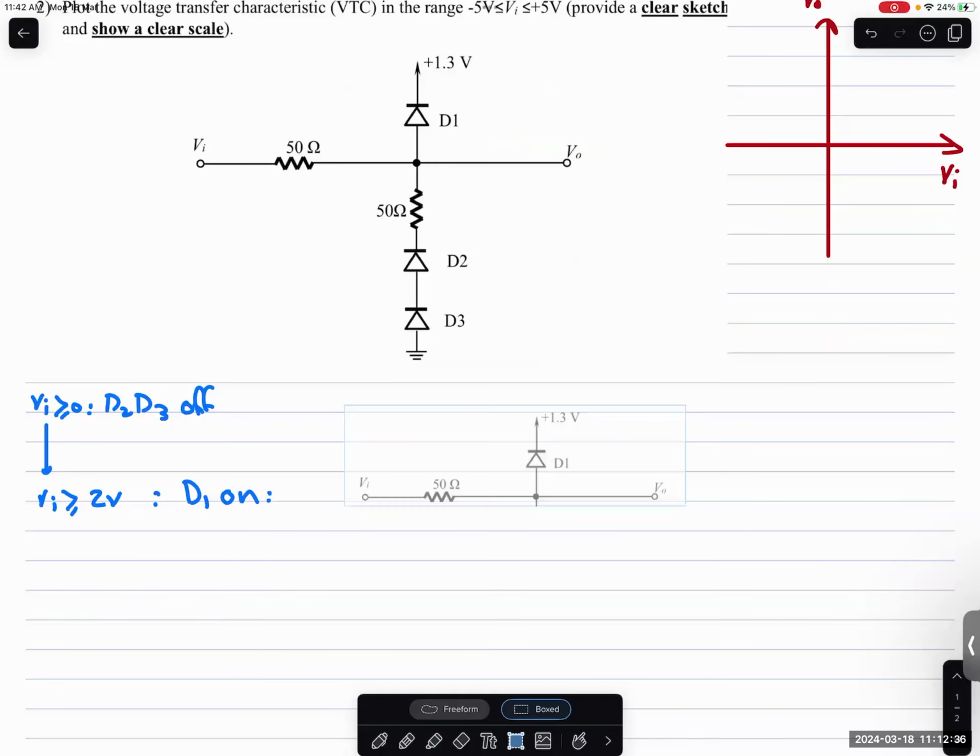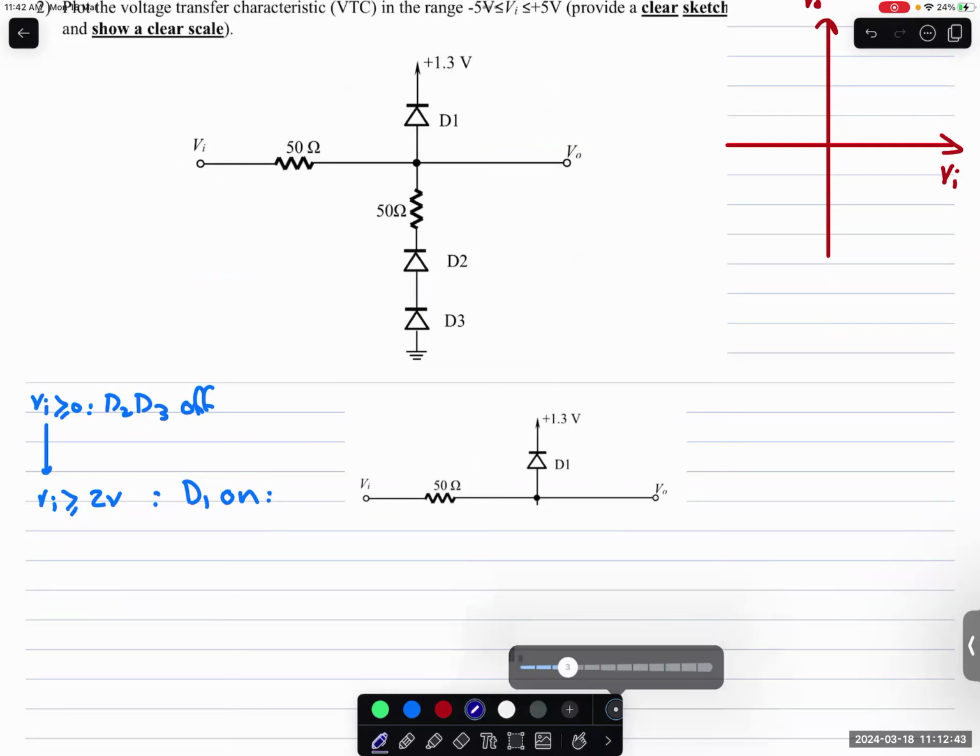So D1. I don't care about the lower part because it is open, so I don't really care about it. D1 is on, with 0.7. And then, if you don't like it, just put it this way: minus, plus, and then here is VO.